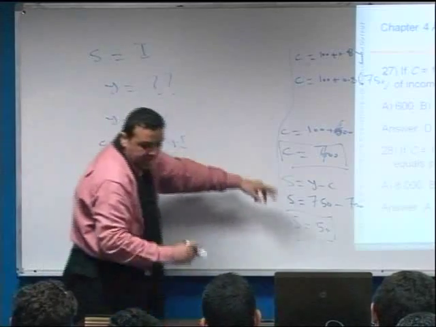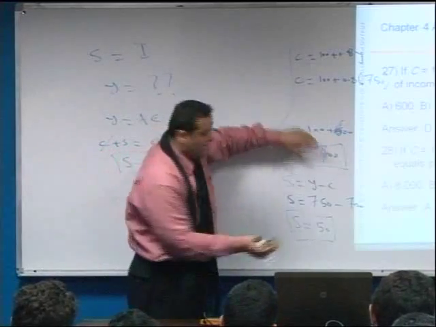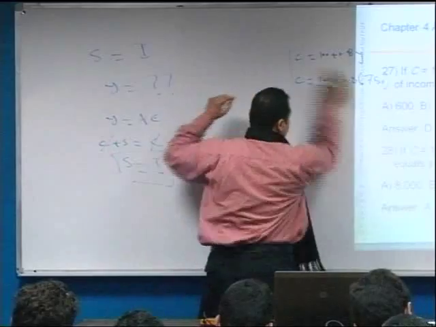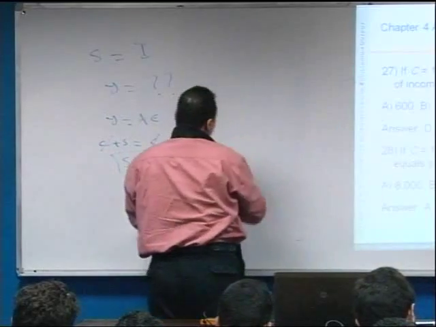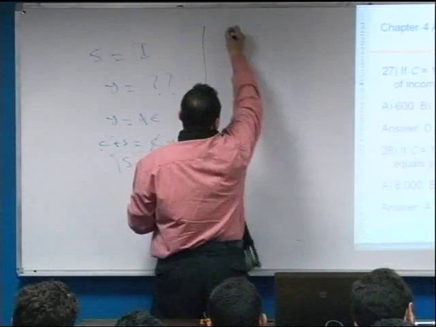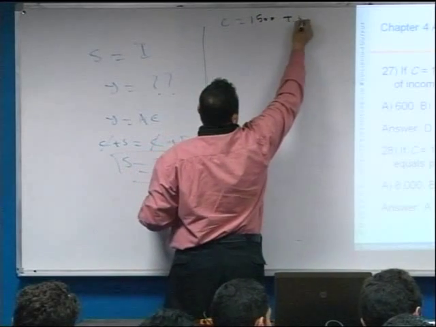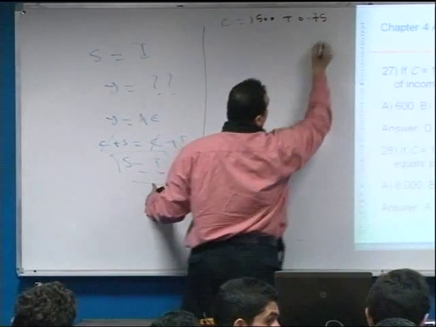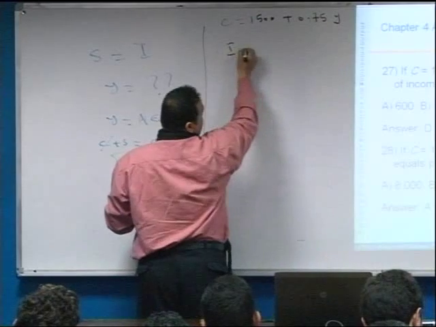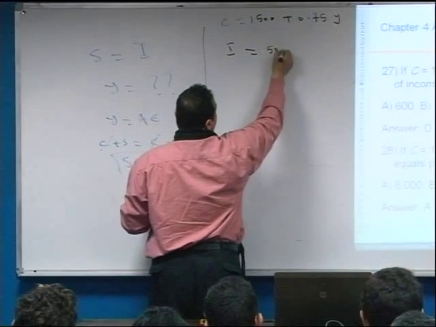So in this case, C equals 1,500 plus 0.75 Y, and I equals $500 million.